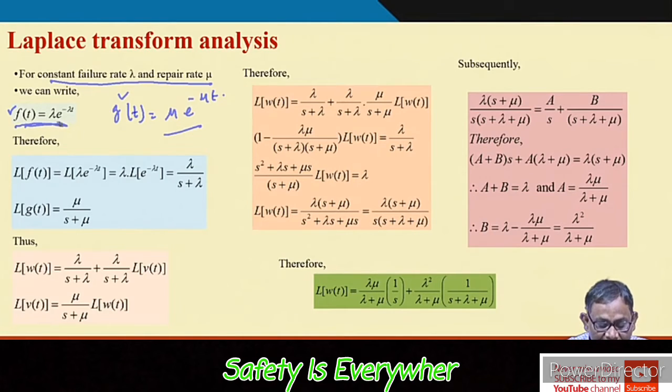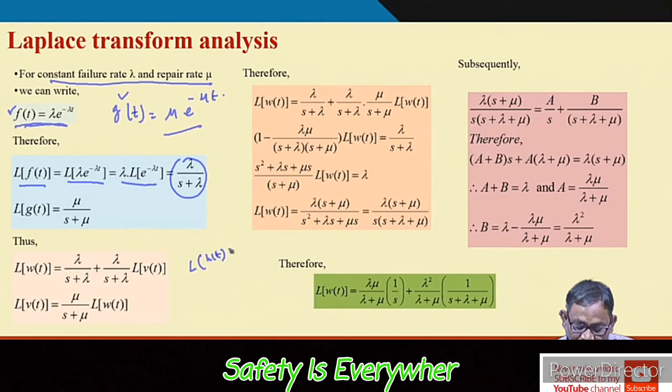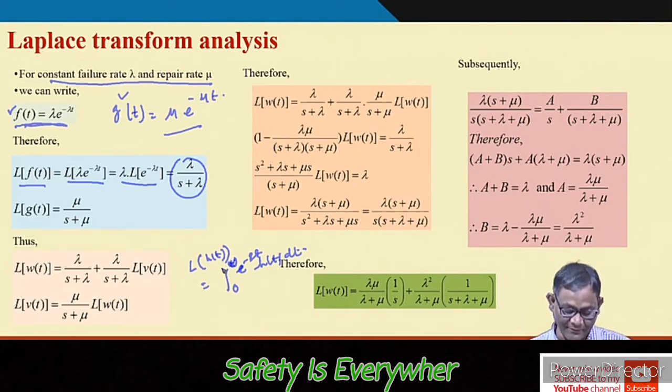So, what is the Laplace of ft? The Laplace of ft is the Laplace of lambda e to the power minus lambda t. So, lambda times the Laplace of e to the power minus lambda t equals this. This is obvious, because you have already seen the Laplace of ht, the integration from 0 to infinity of e to the power minus st ht dt. Okay.